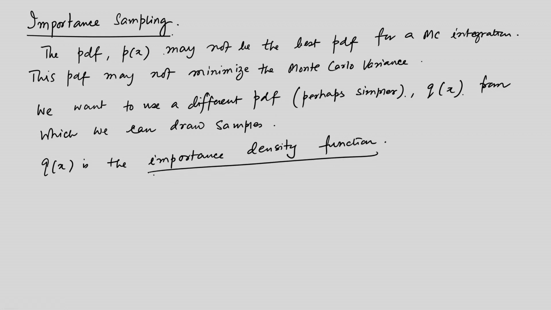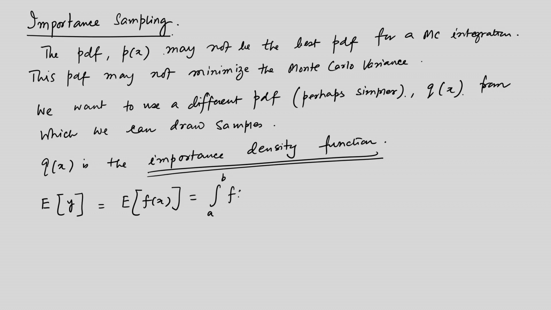This is an important thing, and how we find Q of x is a matter of choice, and one has to really understand the behavior or the properties of the function that we want to integrate. We will see that. So, we can write E of f, the expected value of the function f of x, between the lower and upper limits a and b, as the integral of f of x p of x dx.